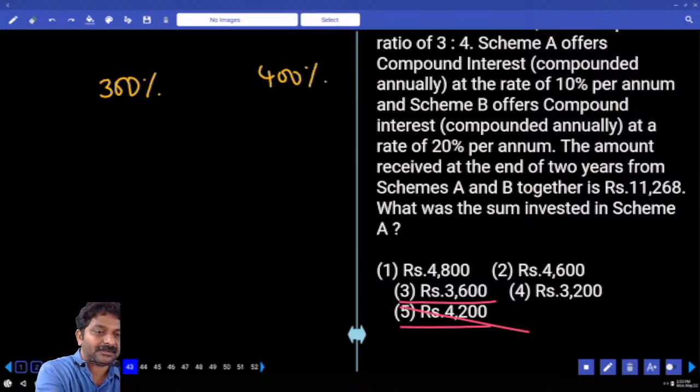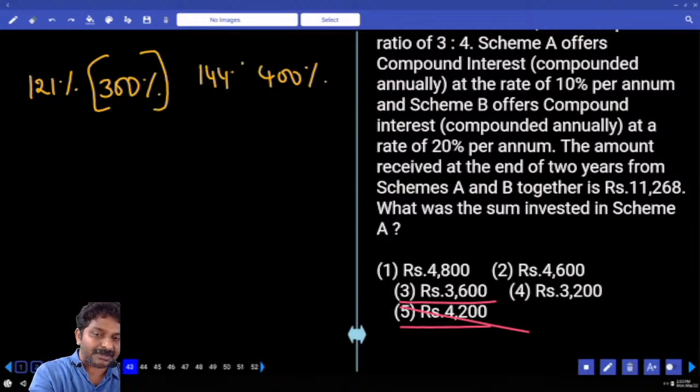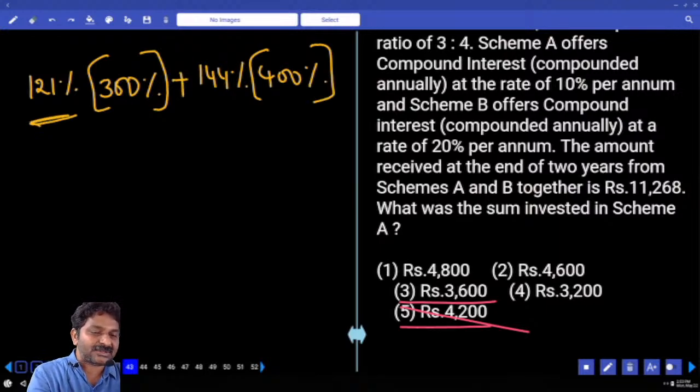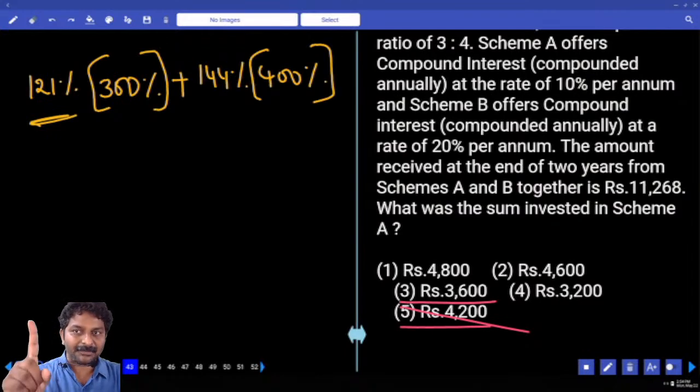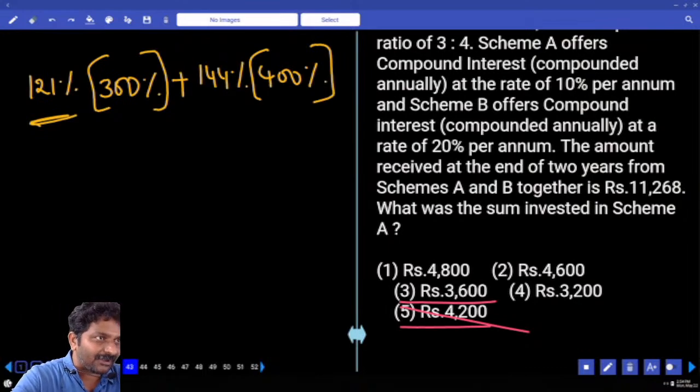400%. 121% of this number, 144% of this number. Have you understood this? 121% in the sense 121 into 1% value. 1% multiplied by 121. 5 chocolates price is equal to 5 into the price of 1 chocolate. 121% is equal to 121 into 1%.